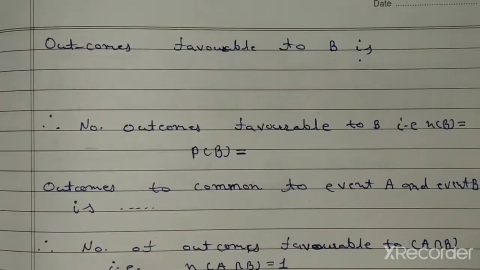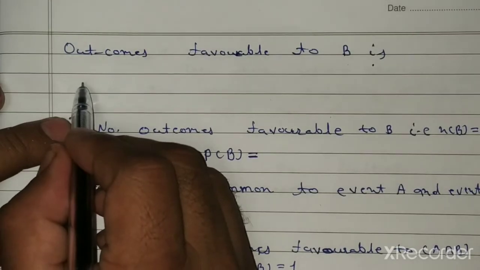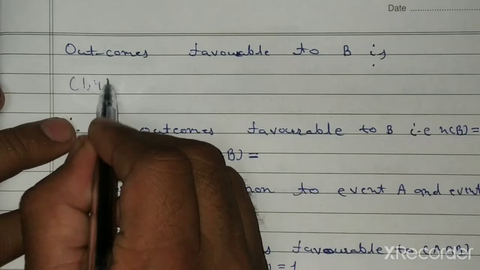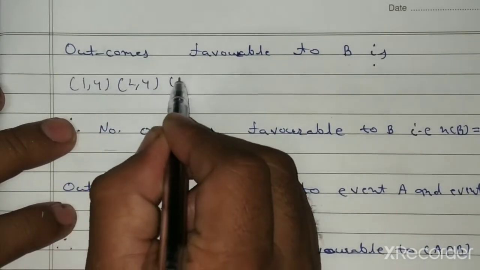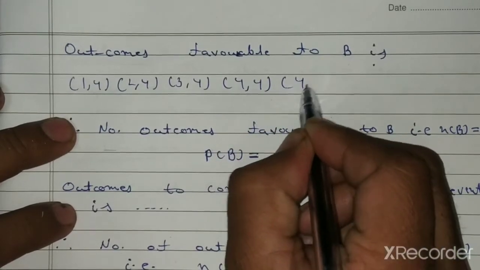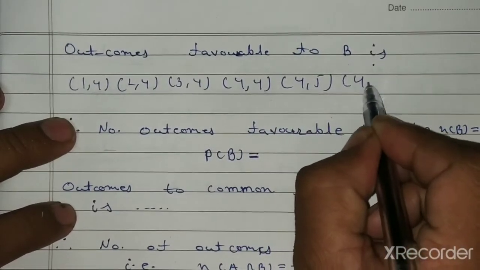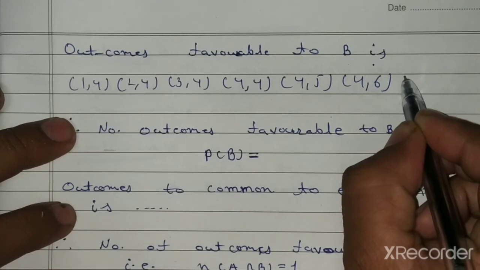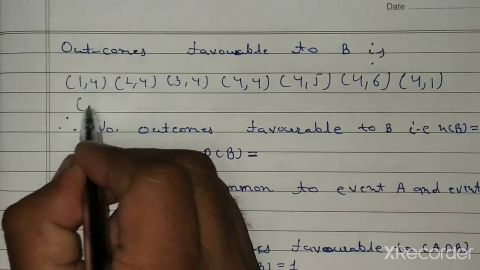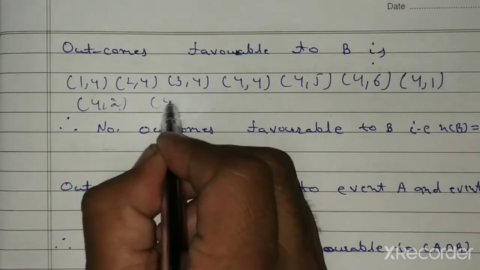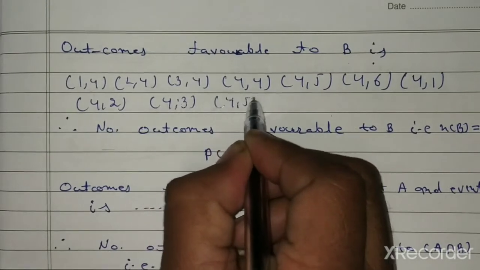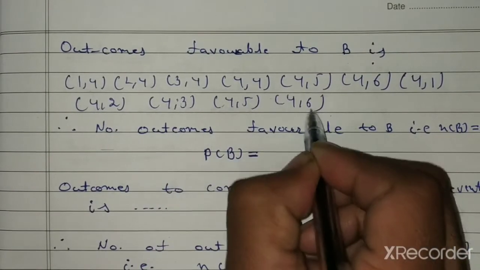We write down these outcomes favorable to B: 1 4, 2 4, 3 4, 4 4, 4 5, 4 6 and 4 1, 4 2, 4 3, 4 5, 4 6.